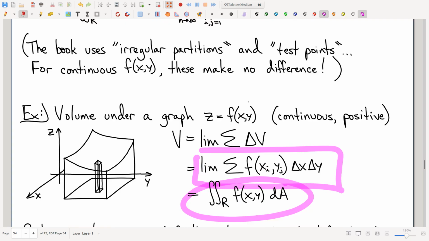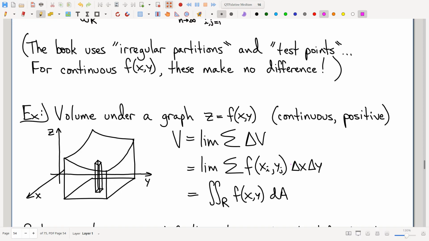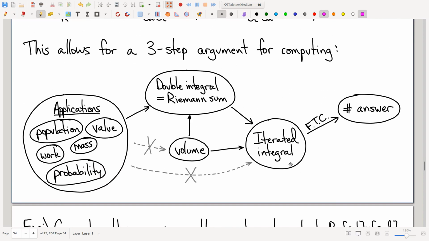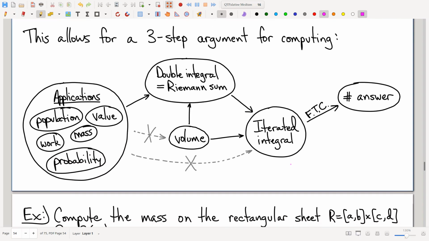All right. So why does this matter? Here's why it matters. There's a lot of ideas going on at the same time here. I like this diagram because it kind of keeps track of what's connected to where and when. What we've argued with double integrals is that for many cases, we anticipate anyway that we're going to be able to rewrite applications as double integrals.